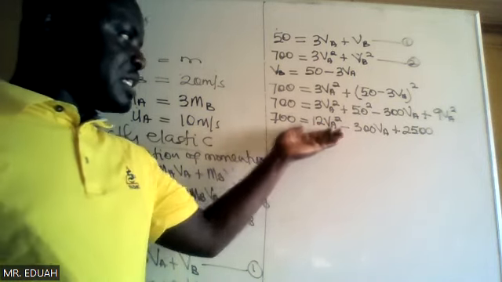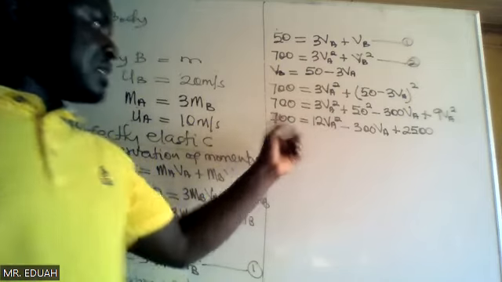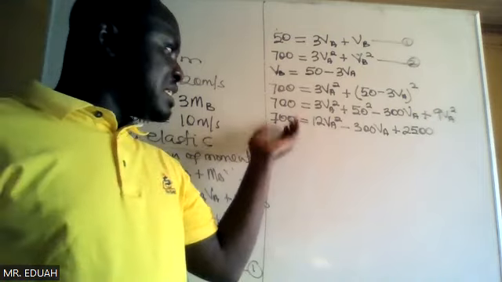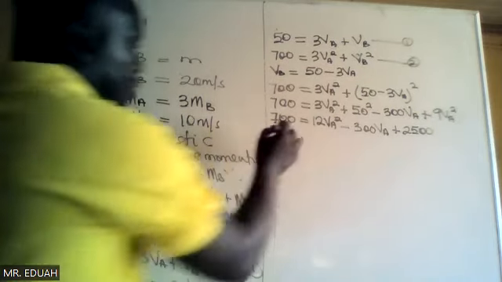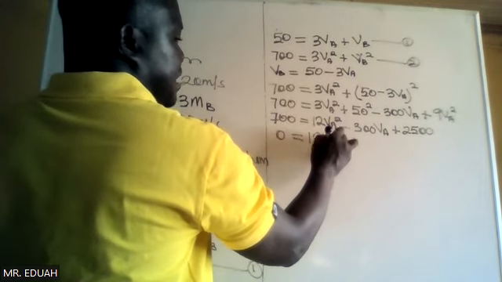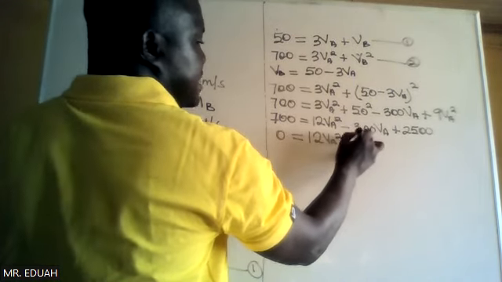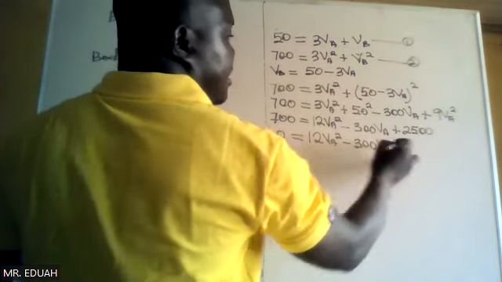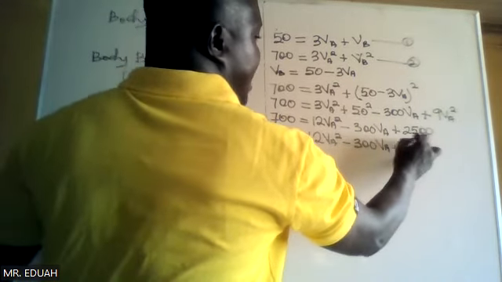We want it to be positive, so it will still be here, but we equate everything to 0, so we'll send 700 to the other side. So we have 0 is equal to 12VA squared minus 300VA plus 2500 minus 700.